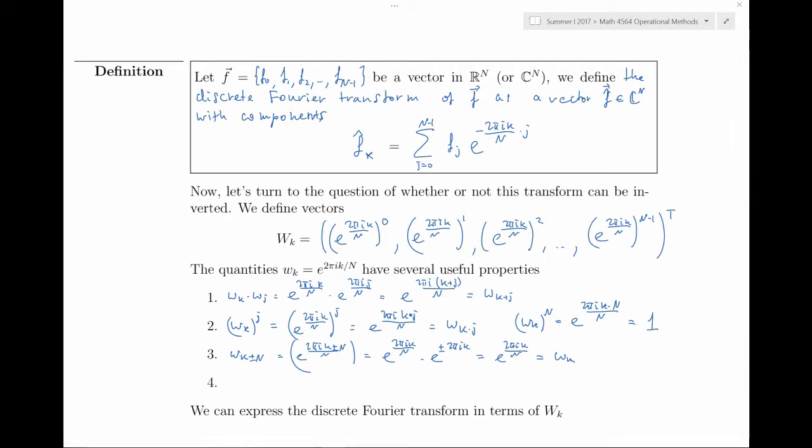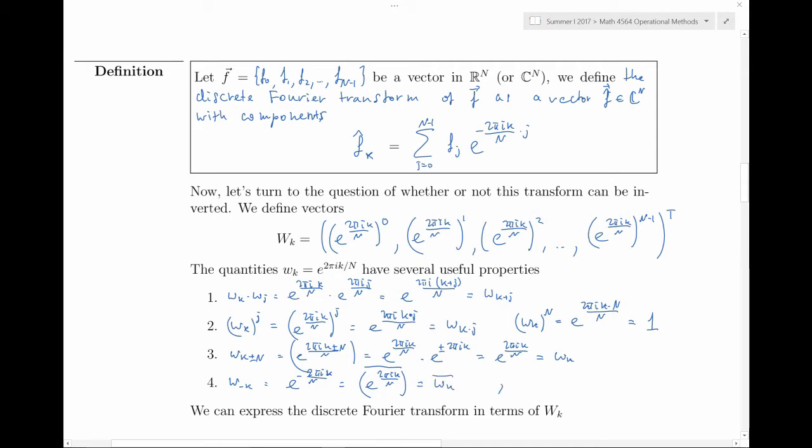What is also interesting is that negating the index k actually creates complex conjugates. Specifically, w of minus k is e to the minus 2 pi i k over n, which is the complex conjugate of the number e to the 2 pi i k over n, with a big bar on top, and that's just w_k bar.